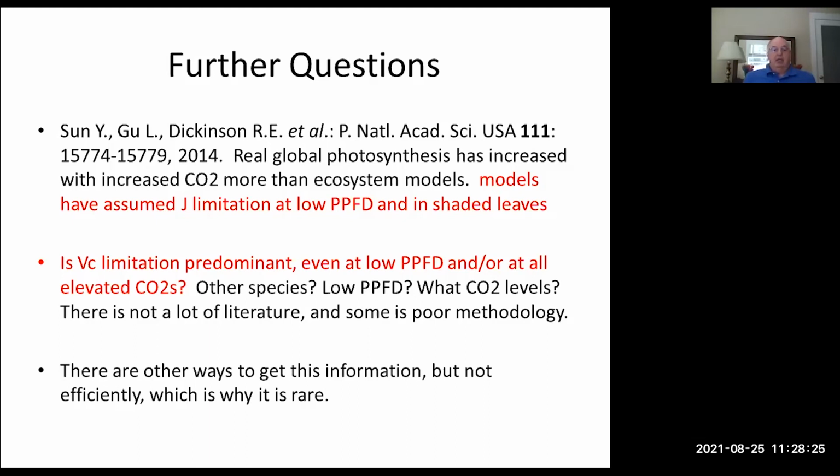There's just not a lot of literature out there on this question of what is limiting to photosynthesis, whether it's Vcmax or J under real field conditions. And what is out there, some of it is done with what I would call poor methodology, and they get some bad answers.